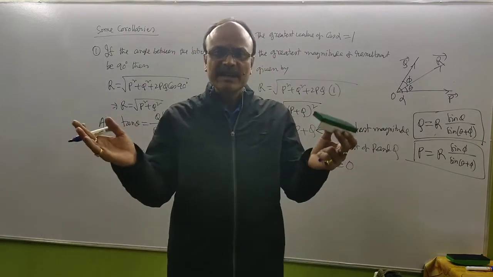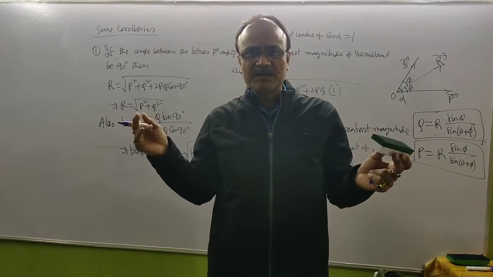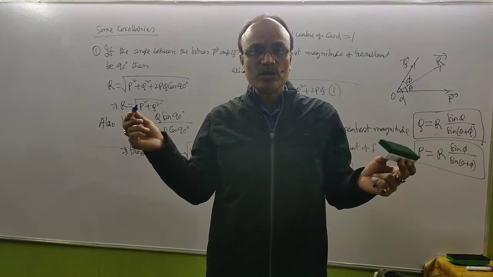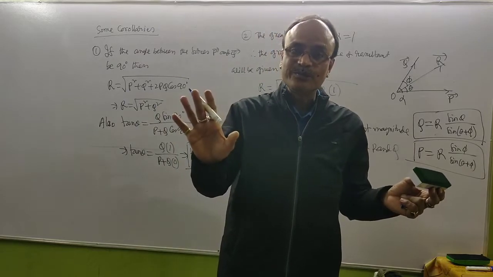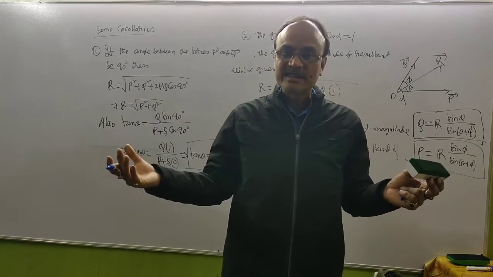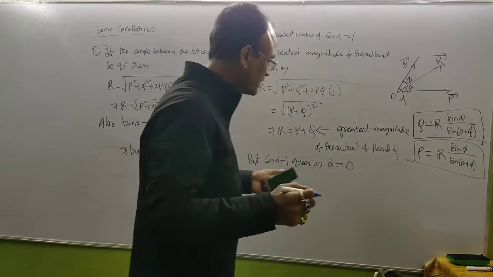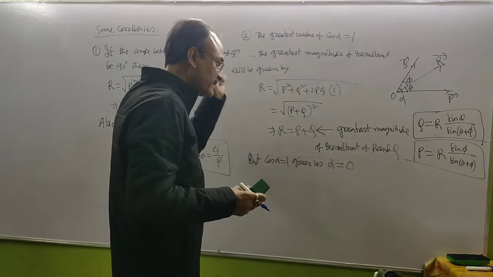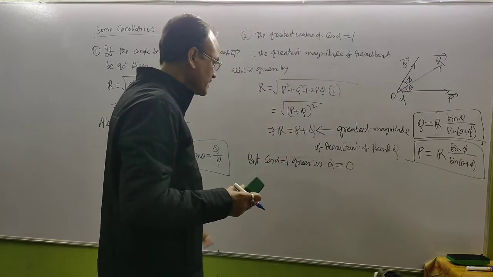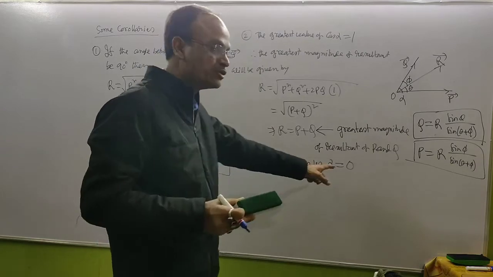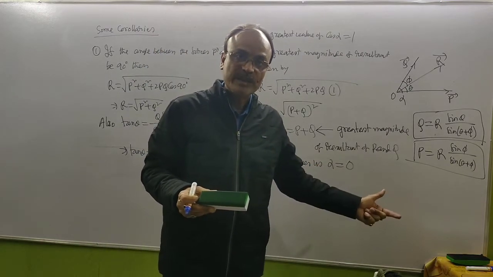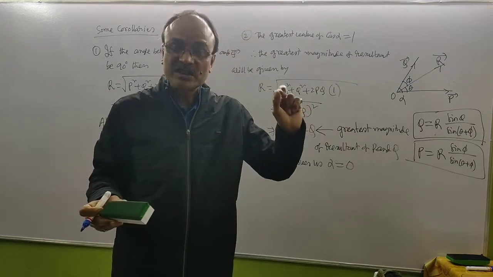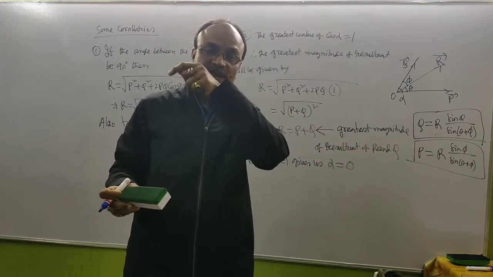This means if the angle between P and Q is 0, then we get the greatest magnitude of resultant. That means the angle between the two forces is 0, then we will get the greatest magnitude of the resultant of the forces P and Q.